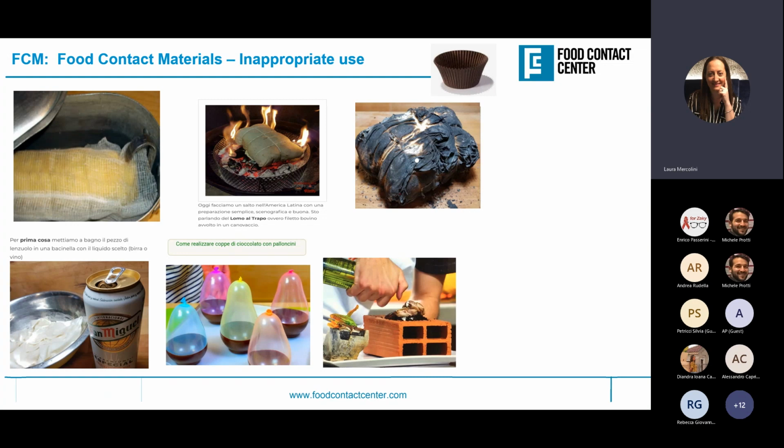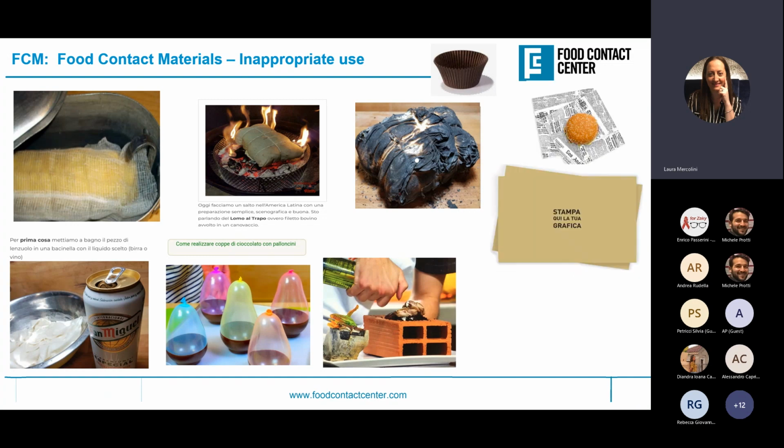Many times we have in those items some meat or some acidic food in contact, and you can understand that in that case the migration is very, very different compared to a muffin or anyway to a bakery item.